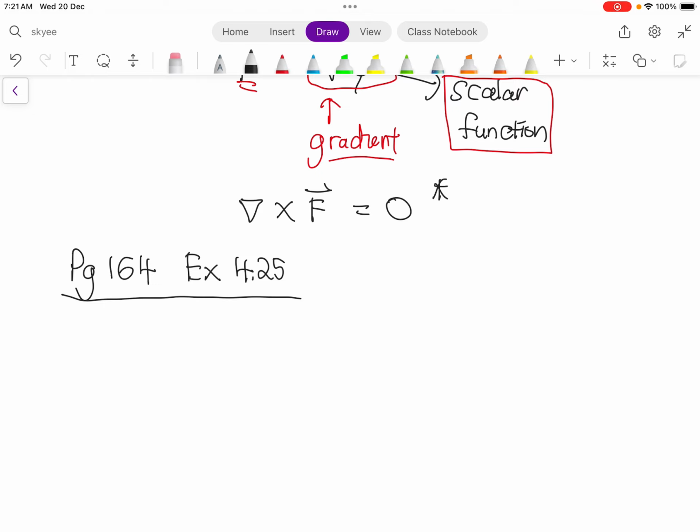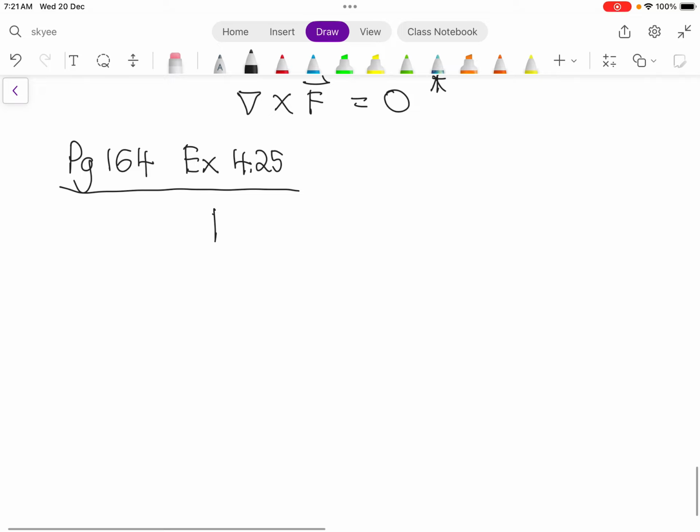So you have been given the force, this is a vector field equal to xi plus yj. You have to show that f is conservative by finding a potential function phi which satisfies f equals to this.